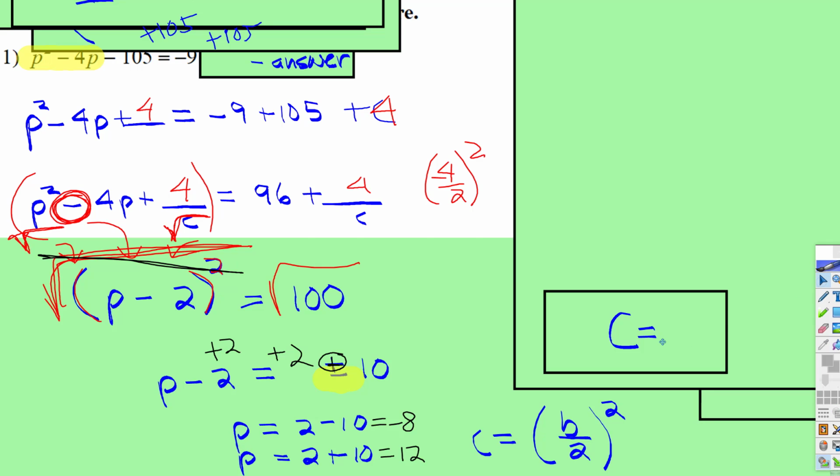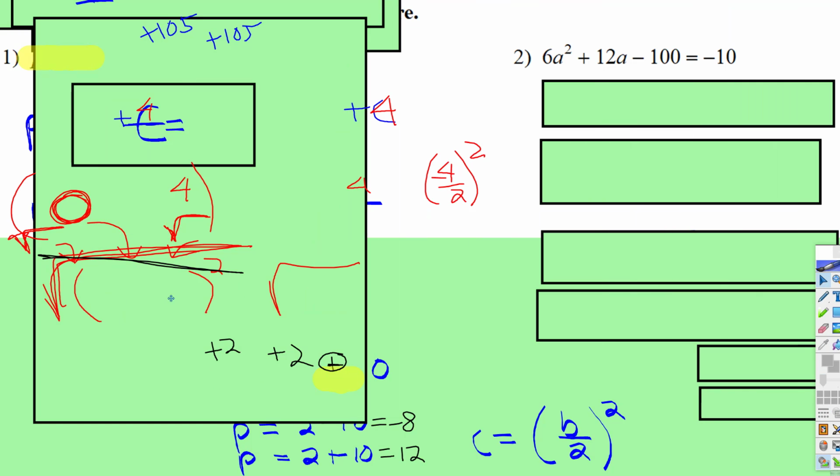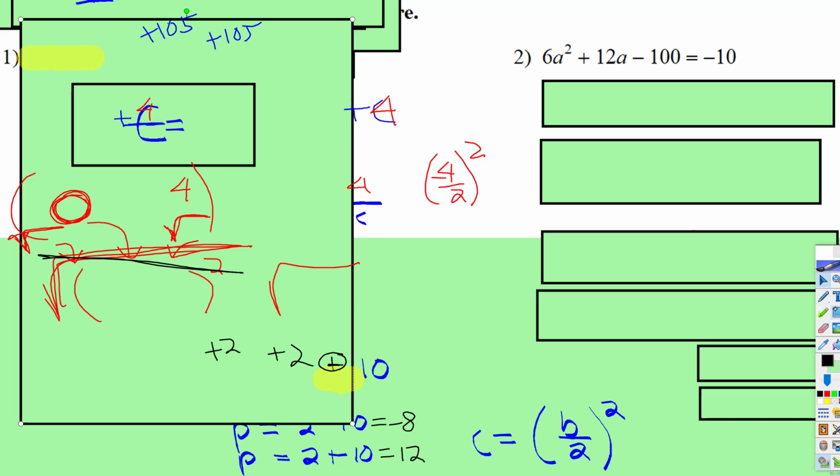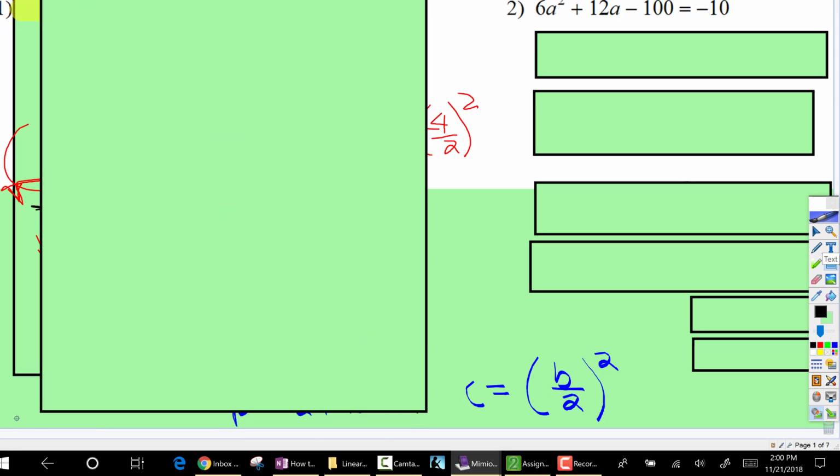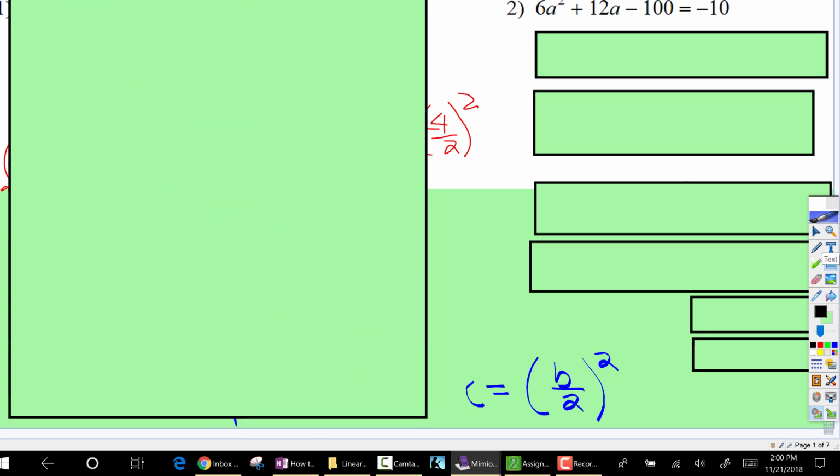All right, so let's look at this next one. So I'm going to cover all of this up. You guys can pause this if you need to. All right, so when the leading coefficient is not 1, you still want to get these two things by themselves.